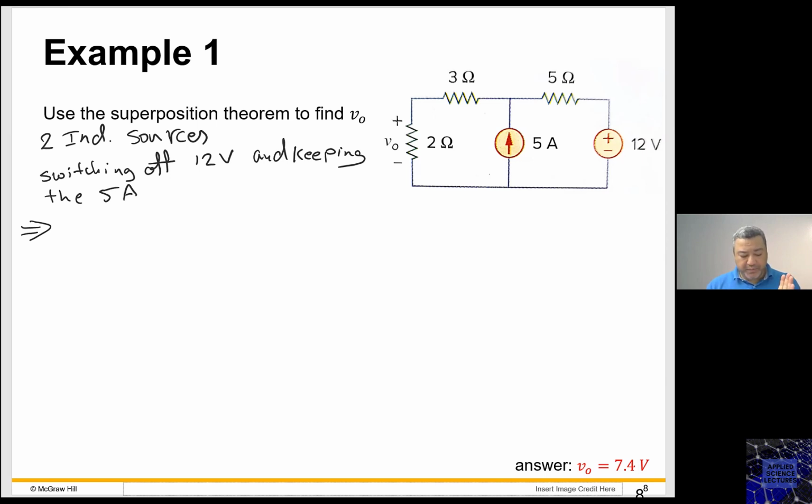If I am to switch off the 12 volt and keep the 5 ampere, the 12 volt is a voltage source.